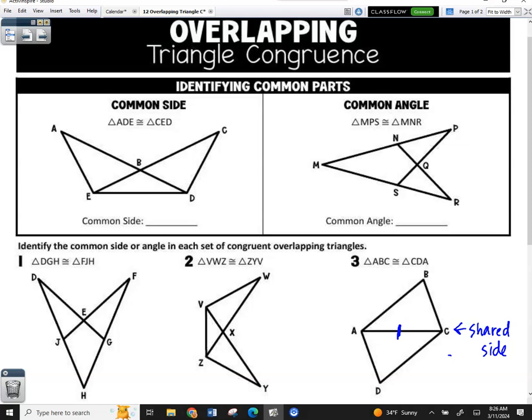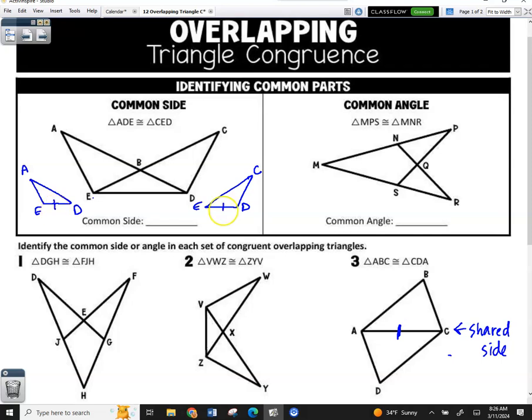If you imagine I was to pull these apart, there's not a lot of room, so I'll just draw it over here. If I pulled this triangle to the left, it would be A, E, D, and if I pulled that triangle to the right, it would be C, E, D. What side do they both have? They both have ED in common.